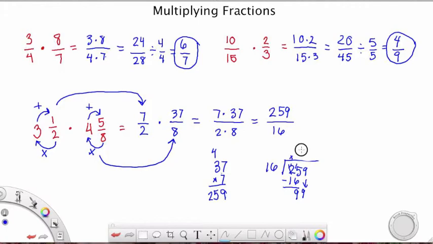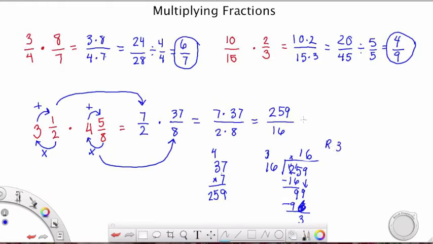Okay, 16 went into it one time, and it's going to go 6 times. 6 times 6 is 36. Carry the 3. 6 times 1 is 6 plus 3 is 9. And then I'm going to have a remainder of 3. 99 minus 96, remainder 3.